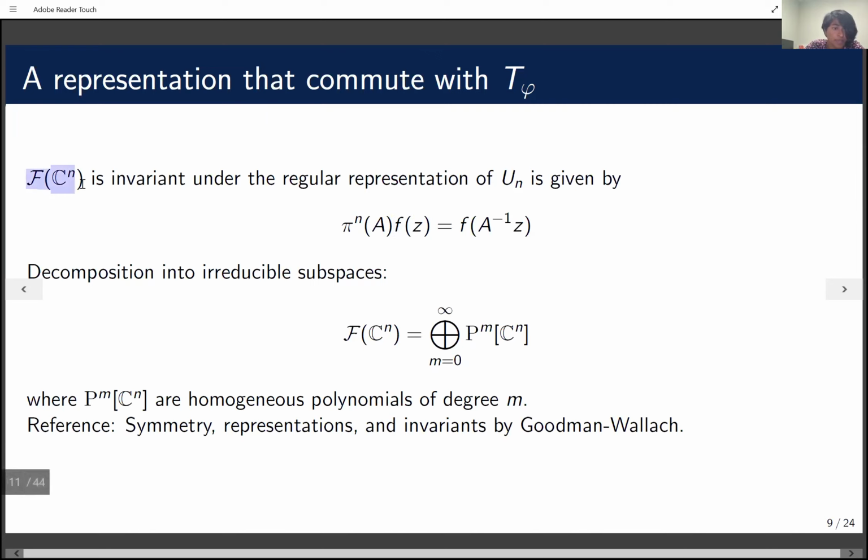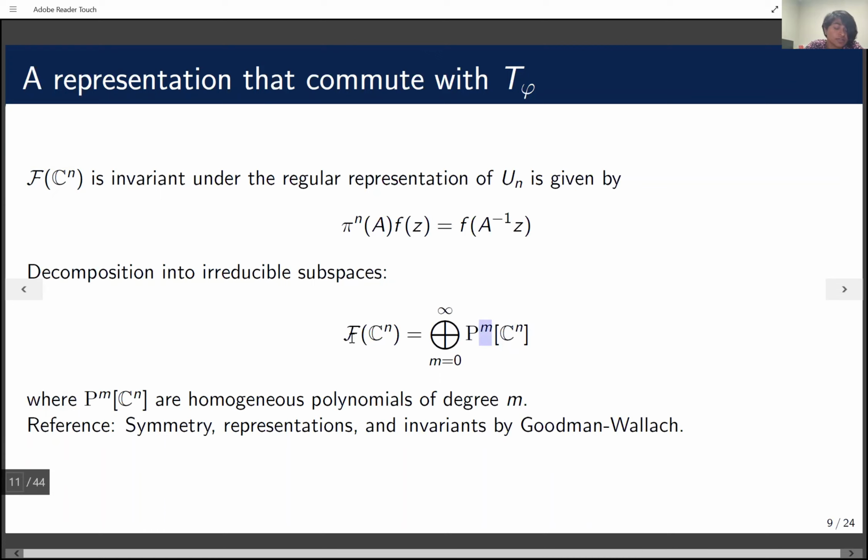Now the Fock space is invariant under this group action, so we get a representation acting on the Fock space by the same formula. And so the Fock space can be decomposed into invariant, so irreducible, subspaces like this, where these P_m's are homogeneous polynomials of degree m.